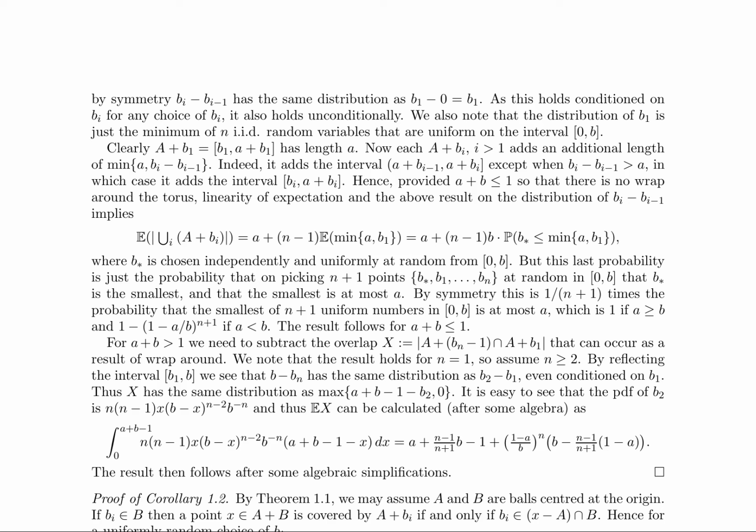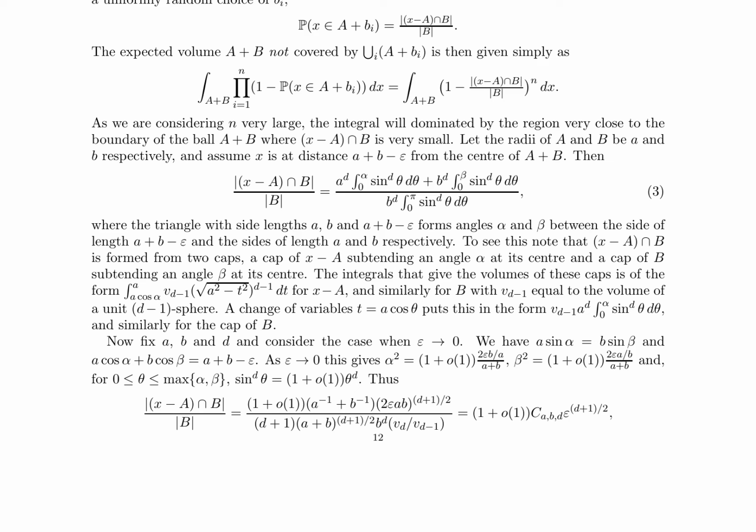This unconditional distribution is used to calculate the expected length of the union of intervals A plus bi for i greater than 1. The calculation involves the probability that the smallest of n plus 1 uniform numbers in 0, B, is at most A, which is 1 if A is greater than or equal to B and 1 minus A over B to the power n plus 1 if A is less than B.